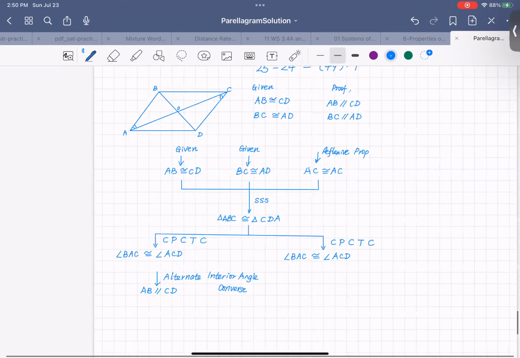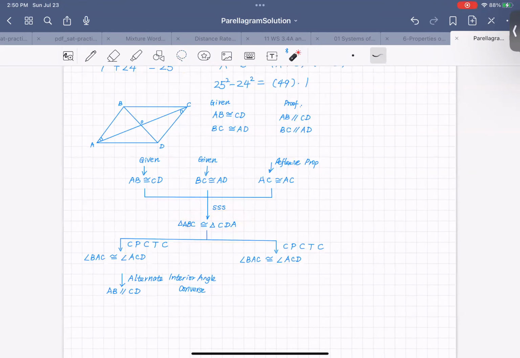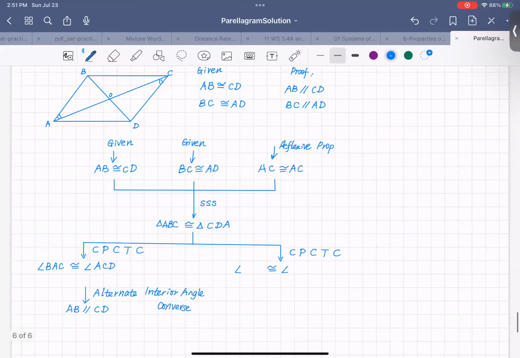When you have these two triangles congruent, not only do you have BAC congruent to ACD, but also you will have BCA congruent to CAD.